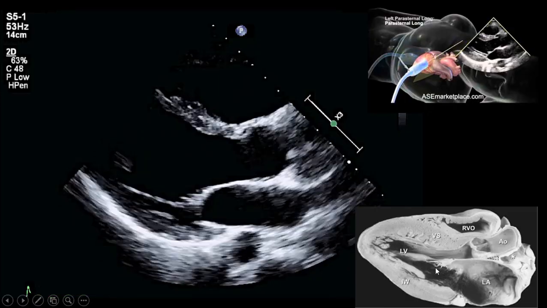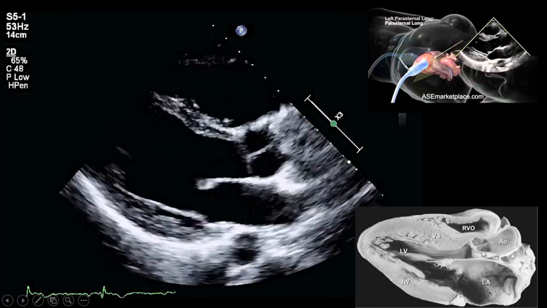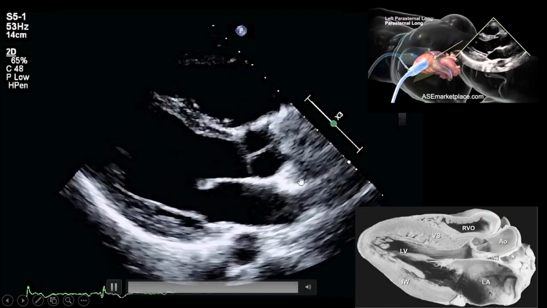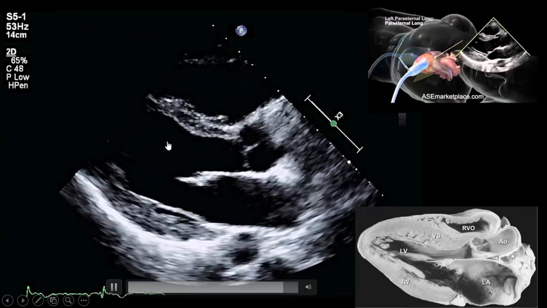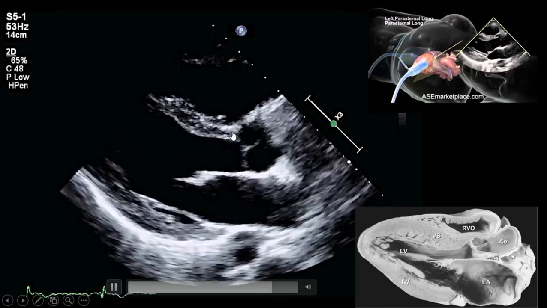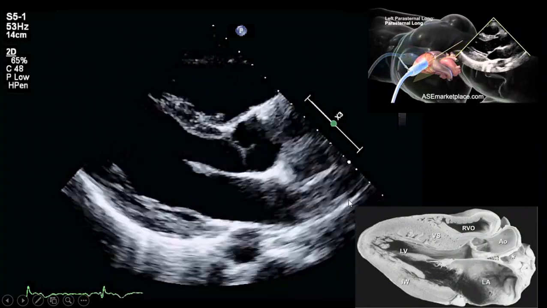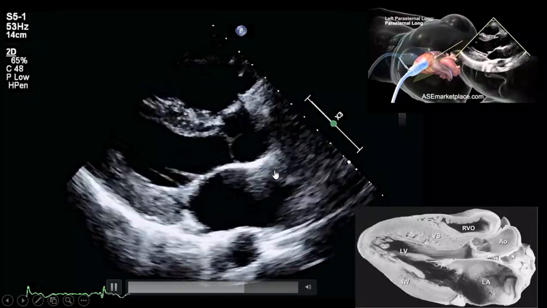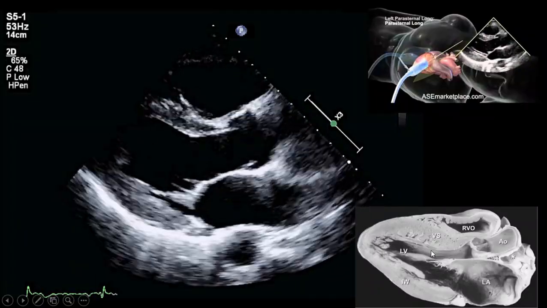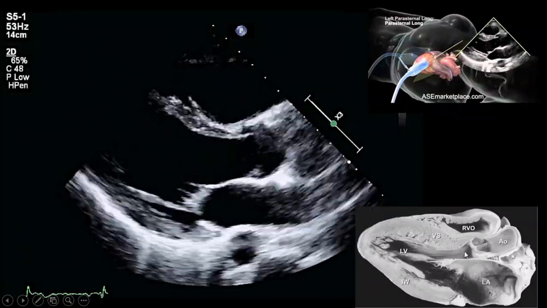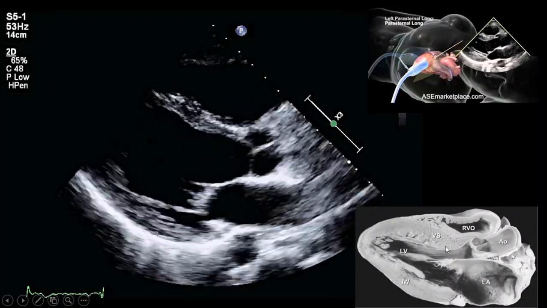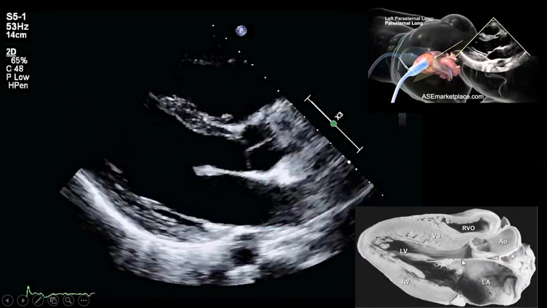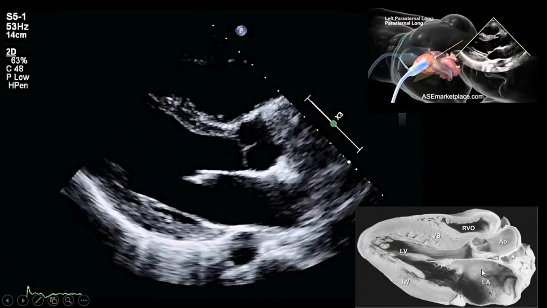As you notice here, the photo of the cross-section of the heart in long axis looks a little different from the ultrasonic image of the long axis of the heart in the PLAX. Why are there so many differences? The answer is very easy. As we know, in a photo we create the image not only from two dimensions, we get light through the z-axis too.